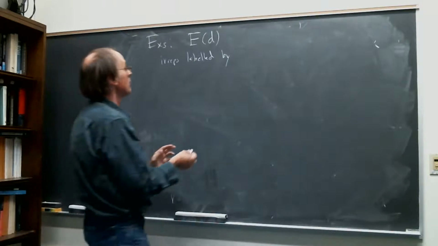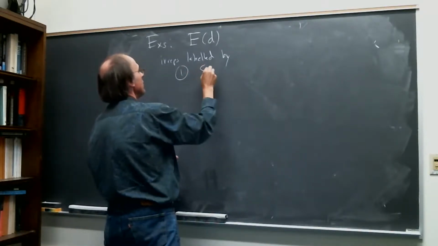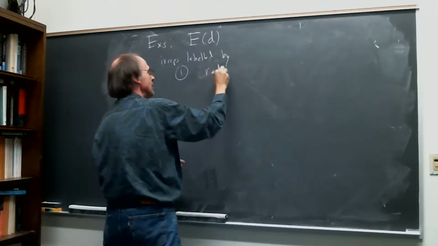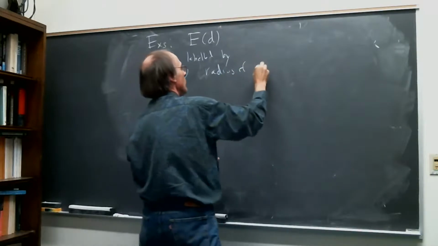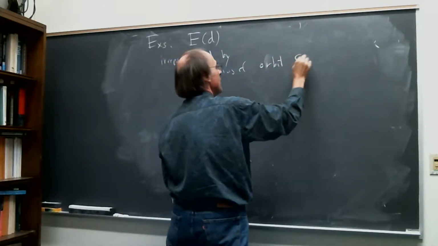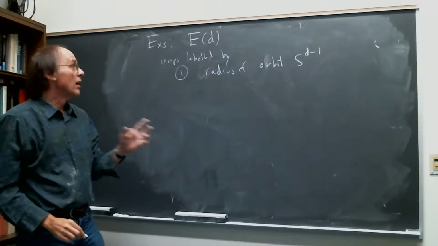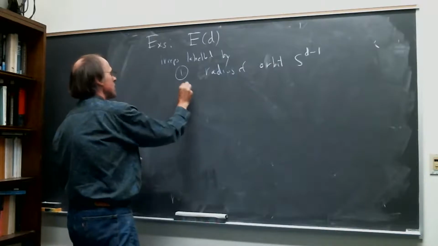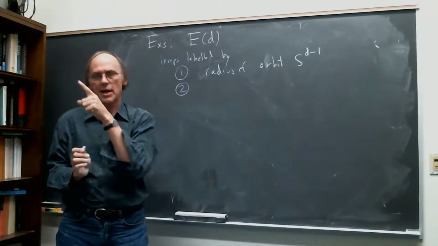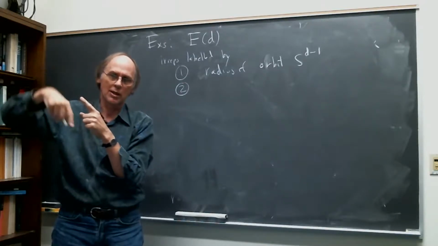So irreps are labeled by the S^(d-1), or the radius of the orbit. And then if you ask what's the subgroup of SO(d) that leaves invariant any particular vector, well, it's the rotations in one dimension less.